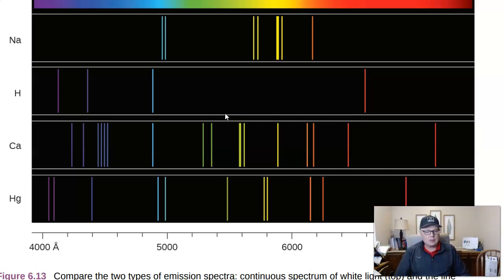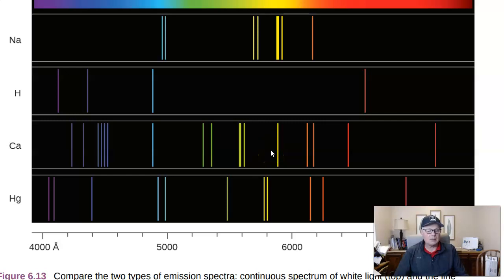Well, if the energy level spacings were exactly the same in every single atom, what would you see here? You would see lines in exactly the same places, so all the spectra would look exactly the same. Do they all look the same? No, they don't. None of them look the same. They're like fingerprints.